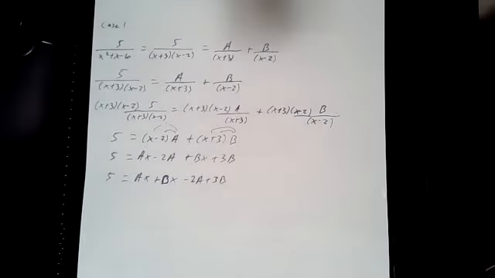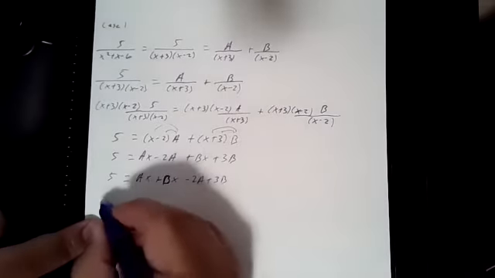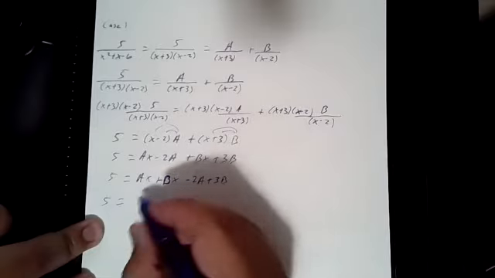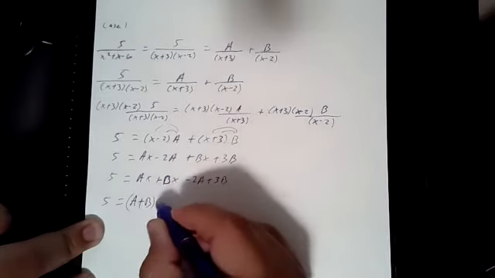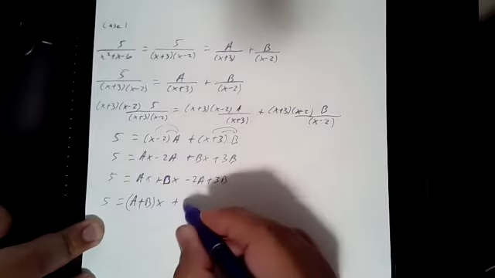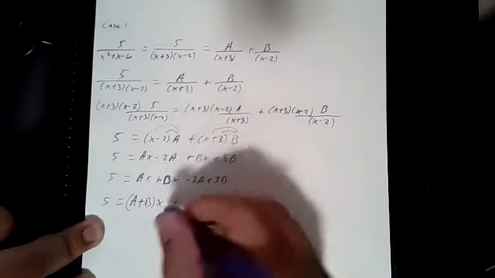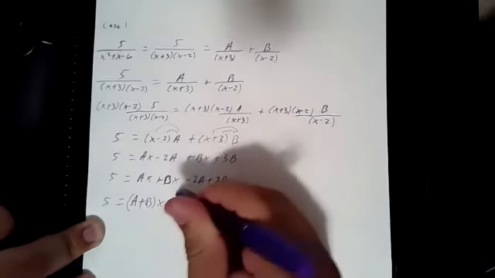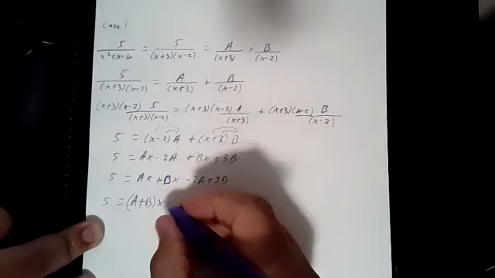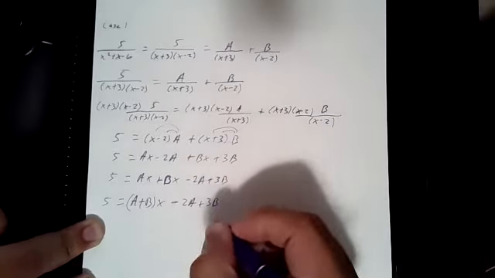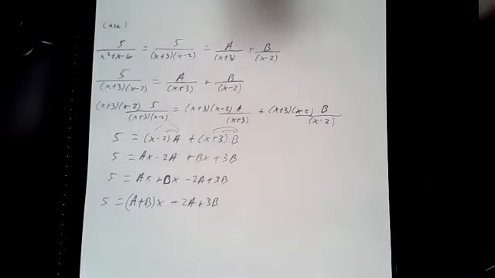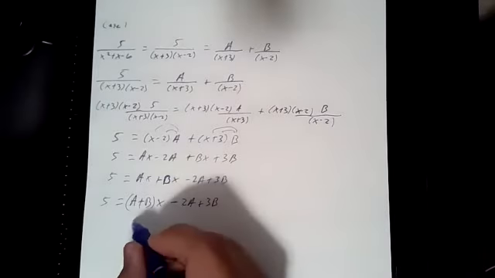Okay. So the technique I'm about to use is called equating the coefficients. So you factor the x out. And you remember that these are just constants, right? So the way you do this, you create a system.